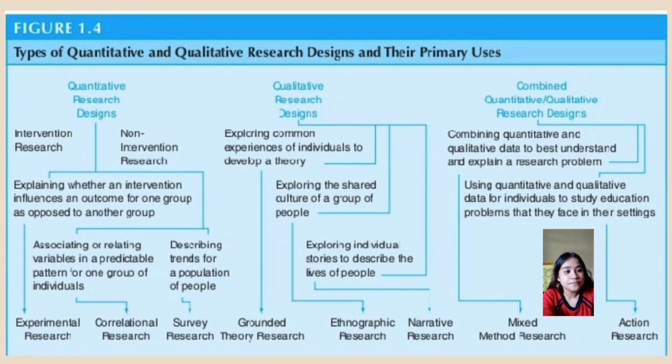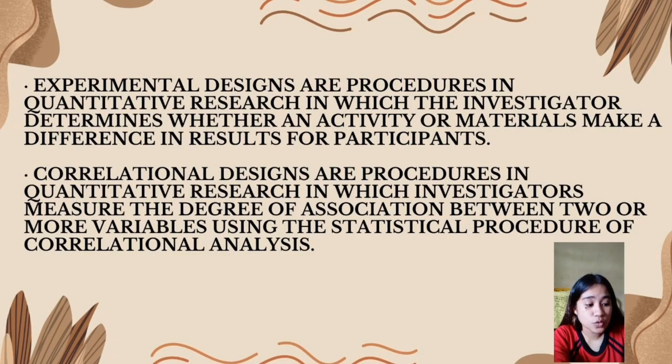So let us define the different research designs. Experimental designs, also called intervention studies or group comparison studies, are procedures in quantitative research in which the investigator determines whether an activity or materials make a difference in results for participants.